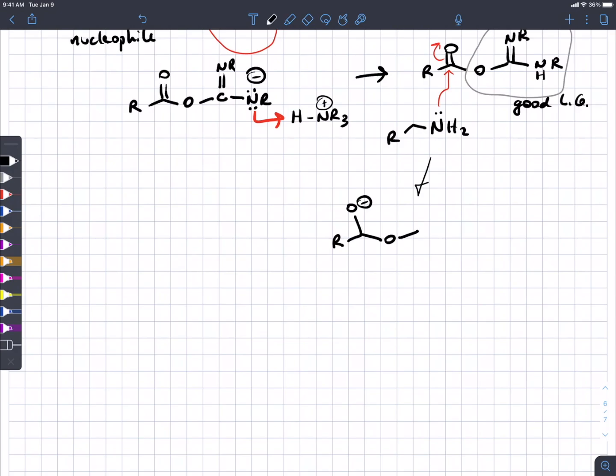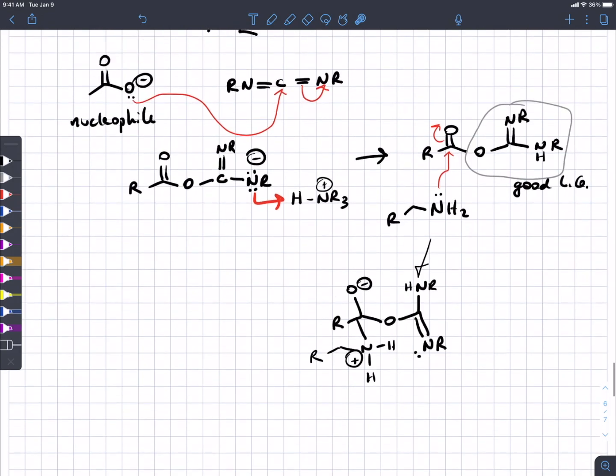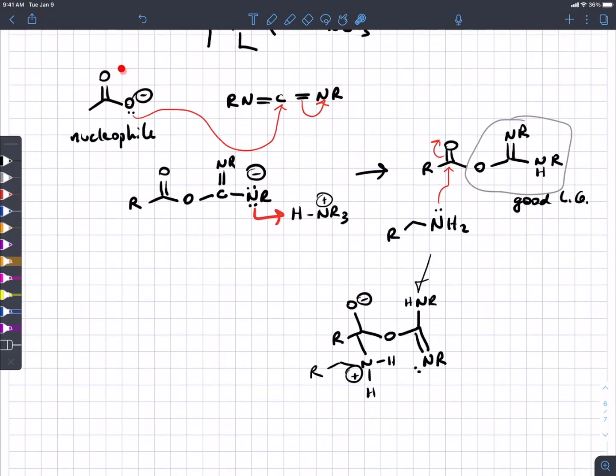It's not hugely important, and I think it bothers some people, but it's kind of cool, so I thought I would show you. It turns out that, do you remember how after the nucleophile attacked the carbon of the carbodiimide, we got a negatively charged nitrogen that we had to protonate?